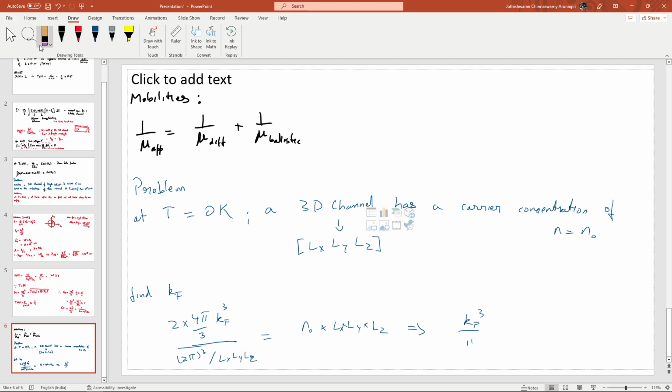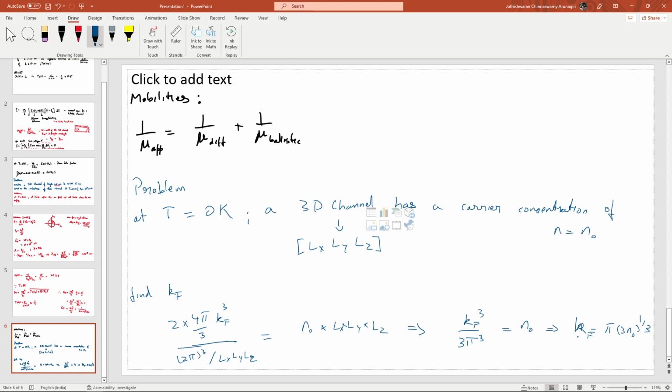So kF cube upon 3 pi cube is equal to n naught, which implies kF is equal to pi into 3 n naught to the whole power 1 by 3.